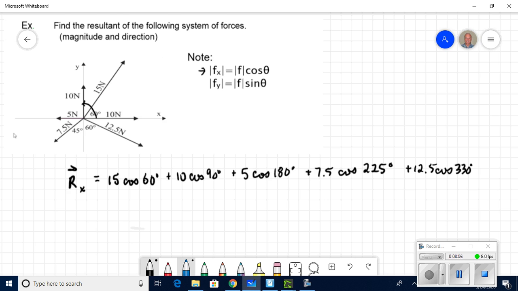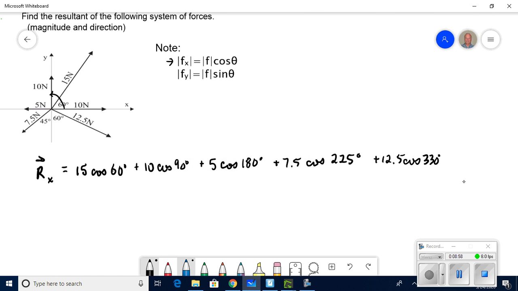And then I've got my last one, plus 10 the cos of either 0 or 360 degrees, to give us the same number, I'm just going to use 0. We're back to the x-axis here.